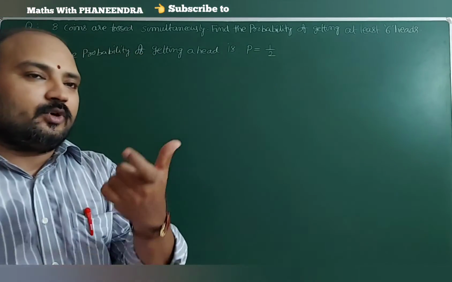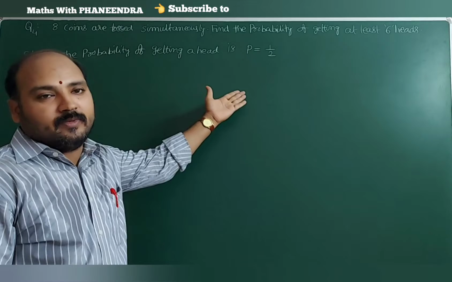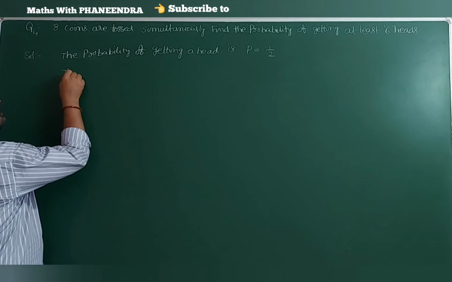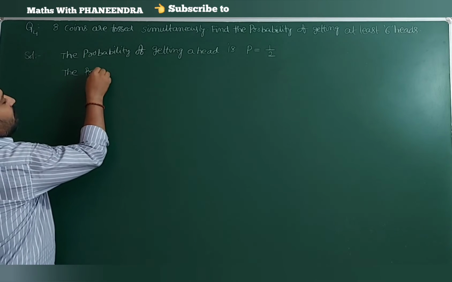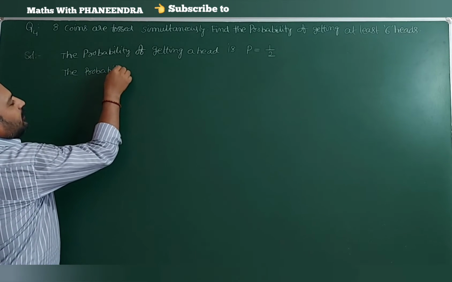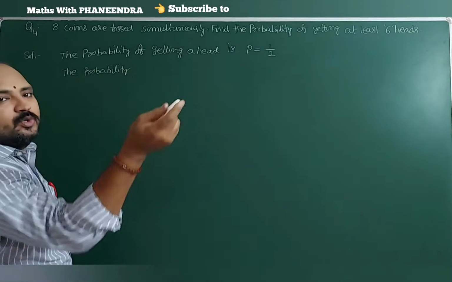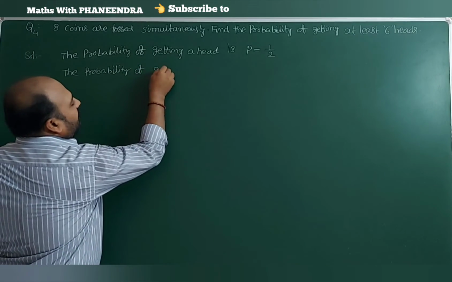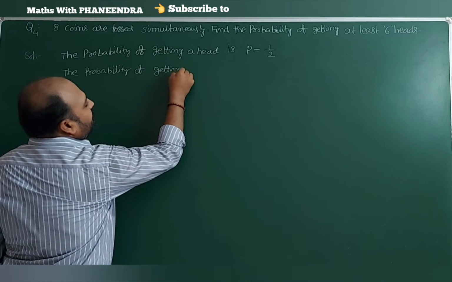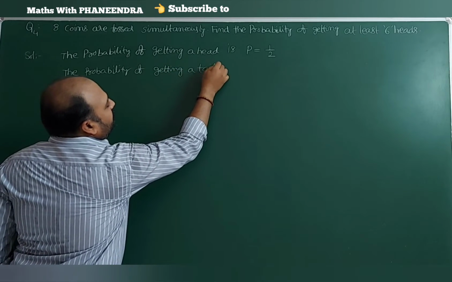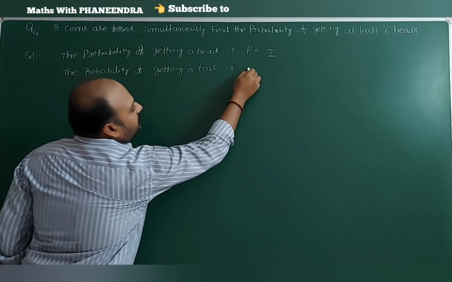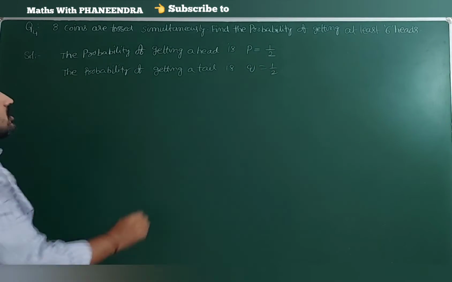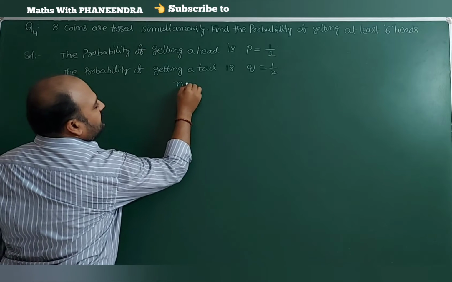So out of two possibilities, getting a head is 1 by 2. Generally we need to calculate by finding the value of p plus q is equal to 1. But we know among the two, the probability of getting a tail, q, is also 1 by 2. So 8 coins are tossed simultaneously. Here n is equal to 8.